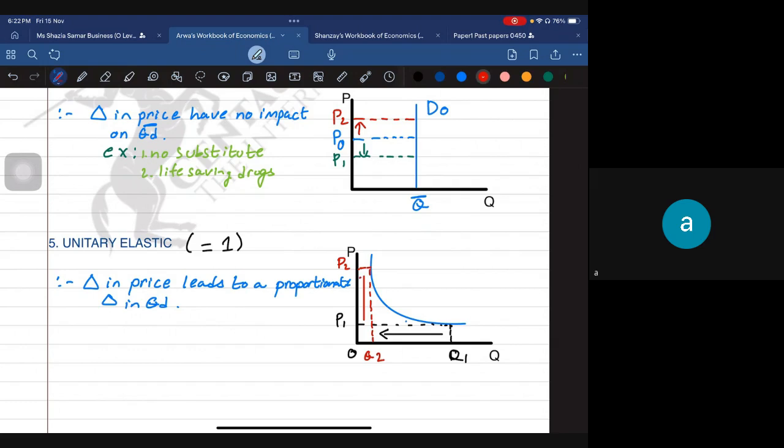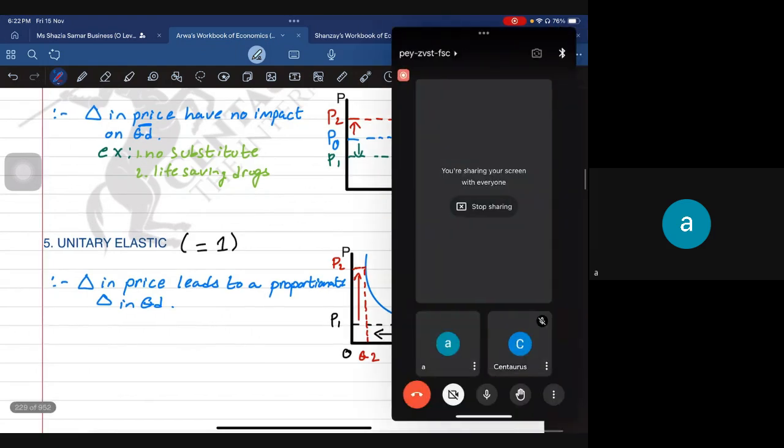So it must feel like there is an equal change. Then another thing that you can do, which is a simpler thing to do, is to consider the price and the quantity. Just give me 1 minute.